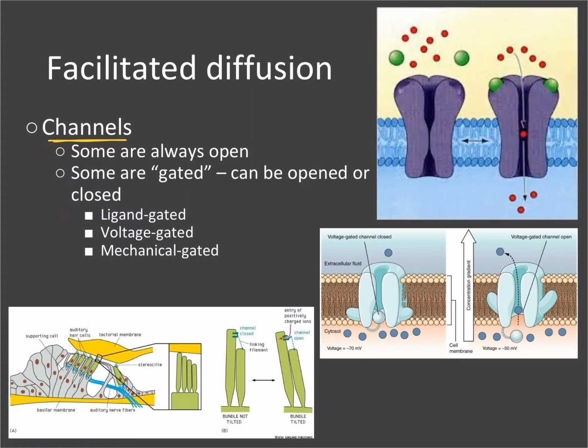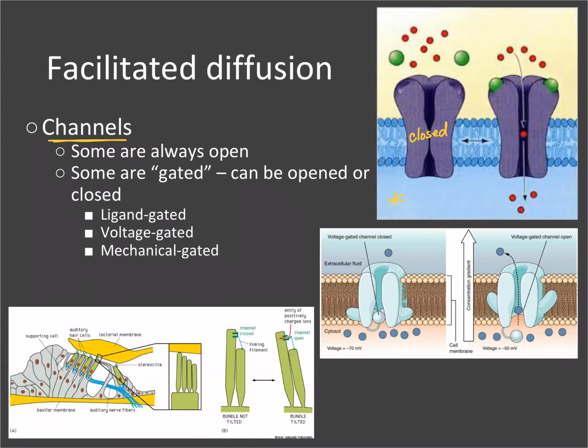So if we look at this example here, this is showing a closed transport protein. And then after something, in this case a ligand, binds to a receptor, as we mentioned before, it opened that transport protein, which is kind of like unlocking a doorway so that this molecule can now move across the cell membrane.